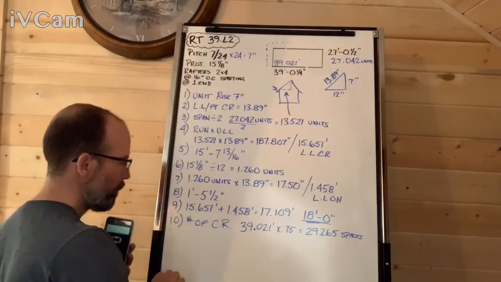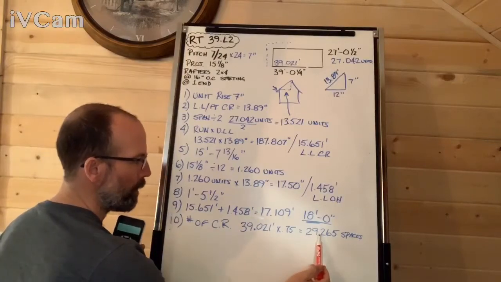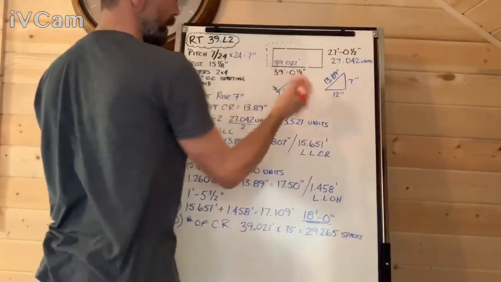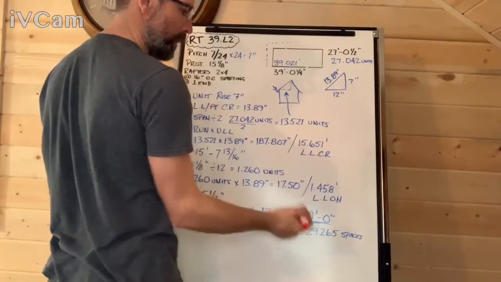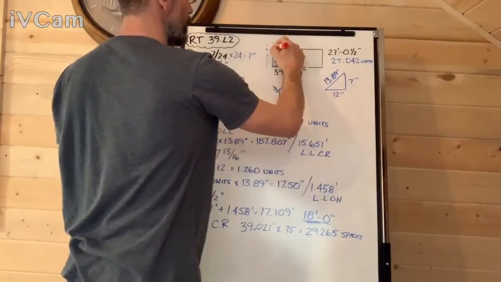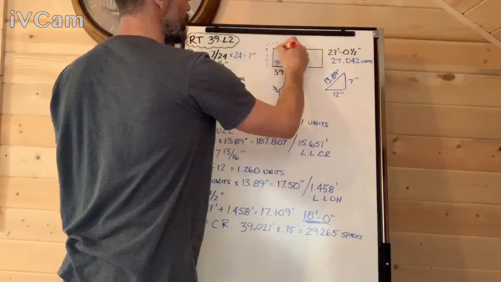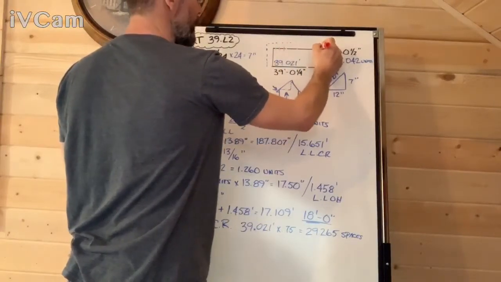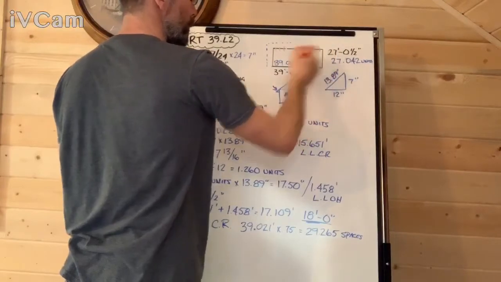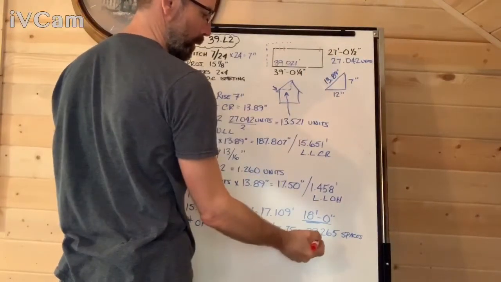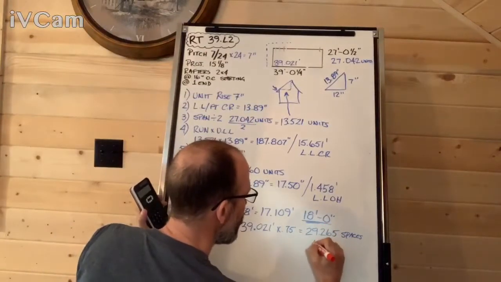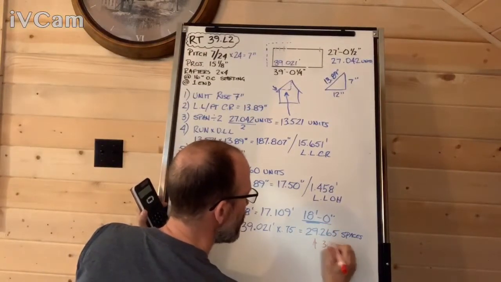Now this here is spaces. I need one to start and one to end. So 29.265 spaces means that one space, one rafter, two spaces, two rafters, three spaces, three rafters, all the way up to 29 spaces, 29 rafters. Well, to get one on the end, I have to round this up to 30 spaces.